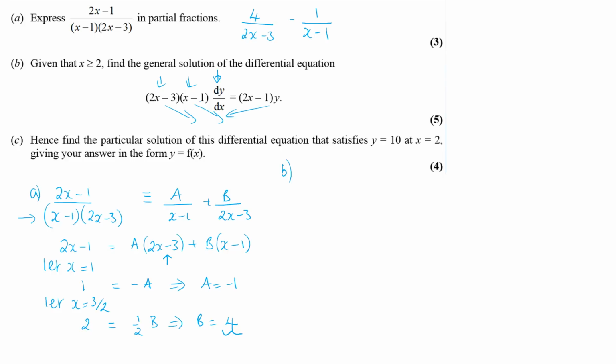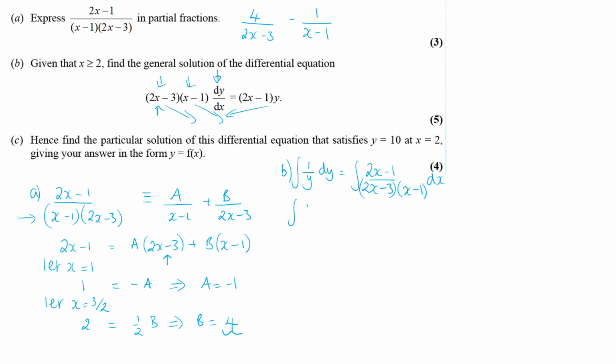So cross multiplying, separating the variables and integrating, we'll have the integral of 1 over y dy is equal to the integral of the thing we've just put in partial fractions in part A, but they have got it the other way around. They've got the 2x minus 3 first, and then the x minus 1, dx.